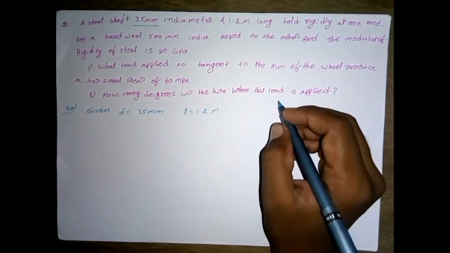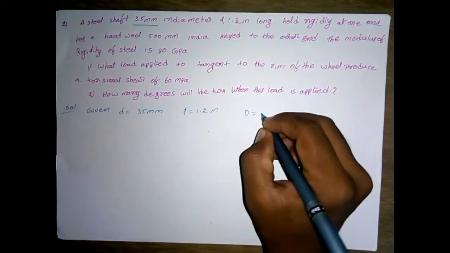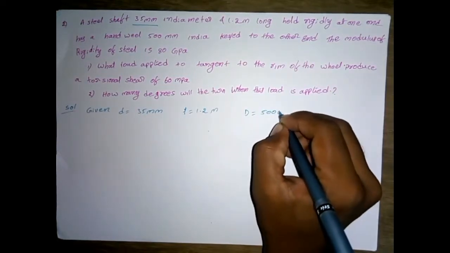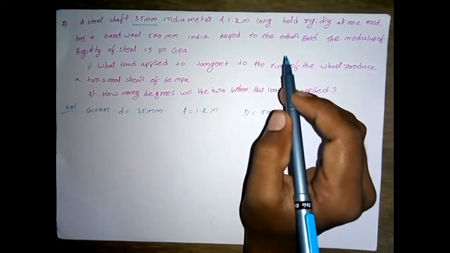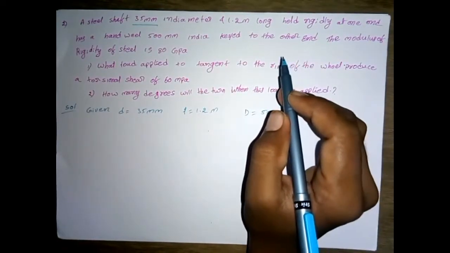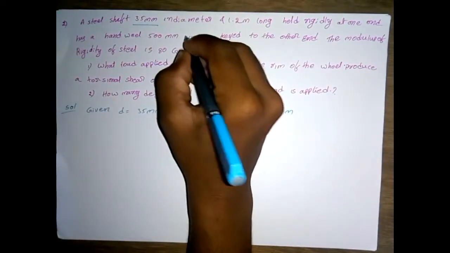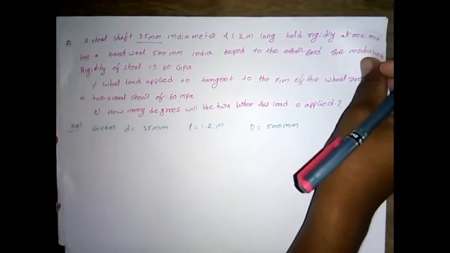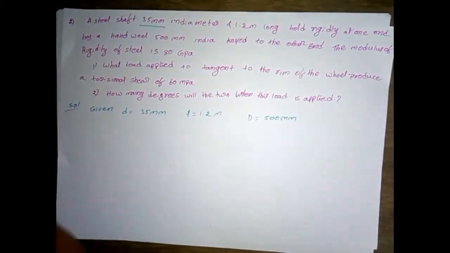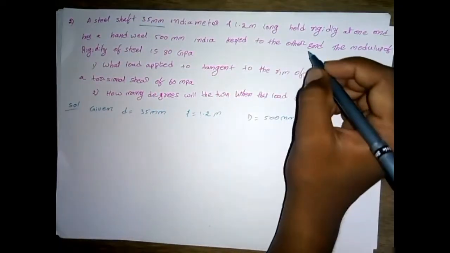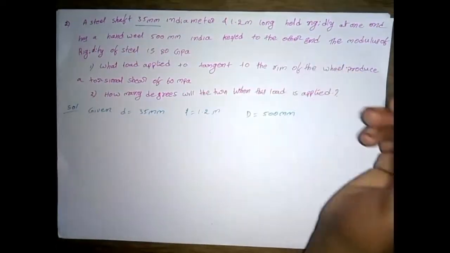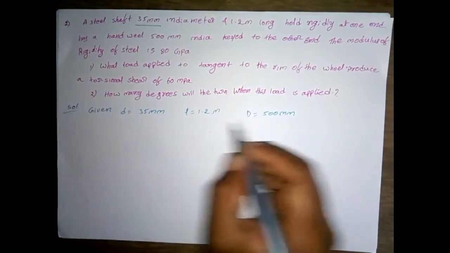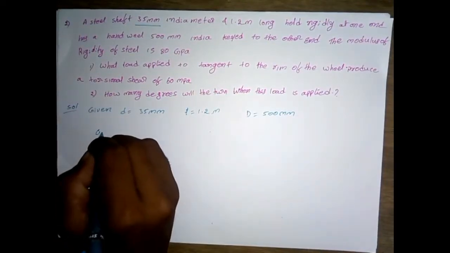So the diameter of the hand wheel, capital D, is equal to 500 mm in diameter, keyed to the other end. The modulus of rigidity of steel is 80 GPa. That is, C is 80 GPa.